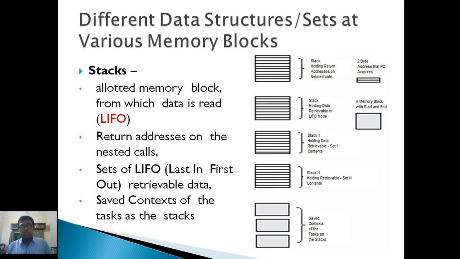So all these data structures, stacks, which are last in first out, or queues, which are first in first out, are used according to the usefulness of the memory allocation. If you don't need the stack data structure in a position, we use first in first out. In a register we use first in first out, but in the case of ROM we don't need that.